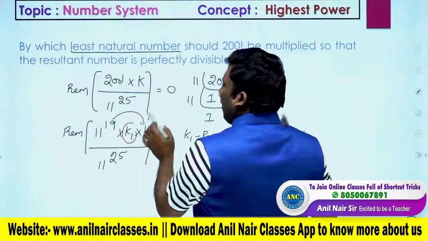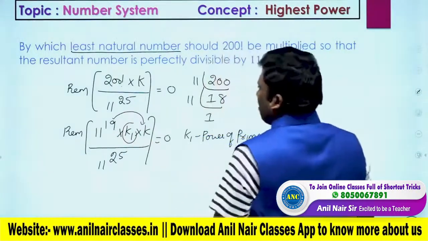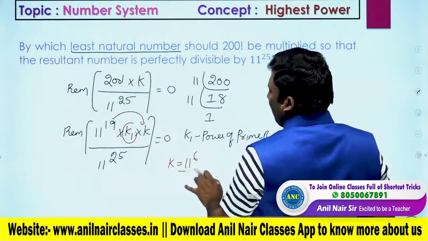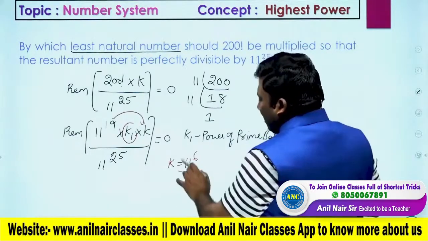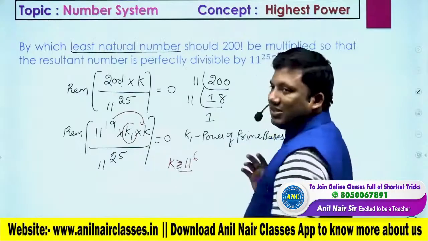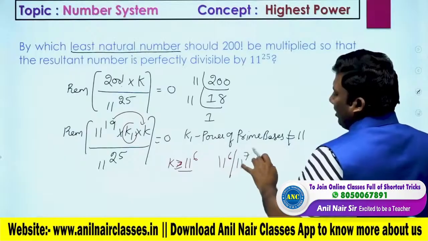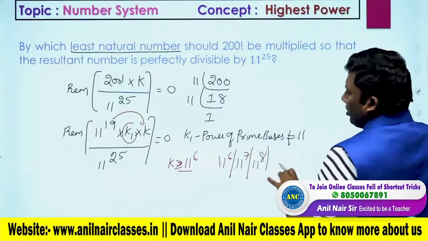Already 11 power 19 is present. So K should have minimum 11 power 6. Anything greater than or equal to 11 power 6. That means it can be 11 power 6, 11 power 7, 11 power 8 and so on.